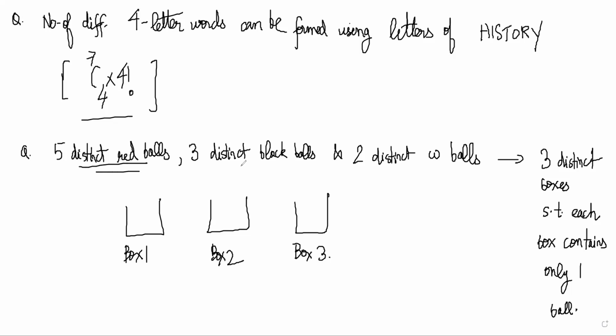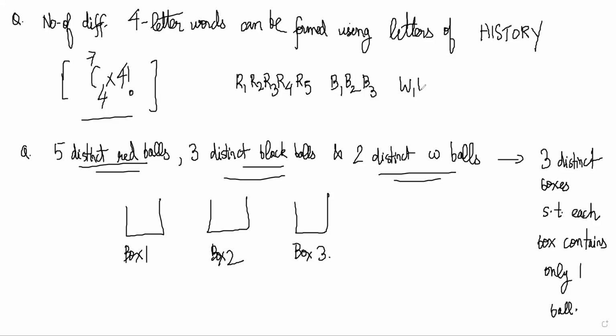And the balls are also distinct, right? So actually the balls are like this: red 1, red 2, red 3, red 4, red 5, black 1, black 2, black 3, W1, W2. These are the balls.